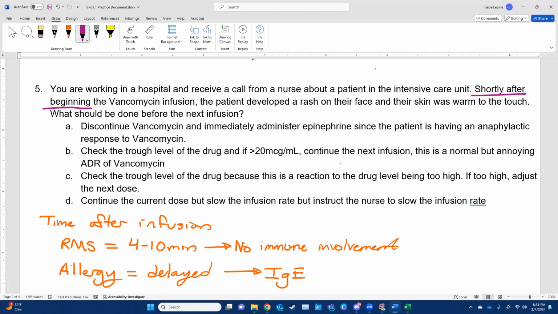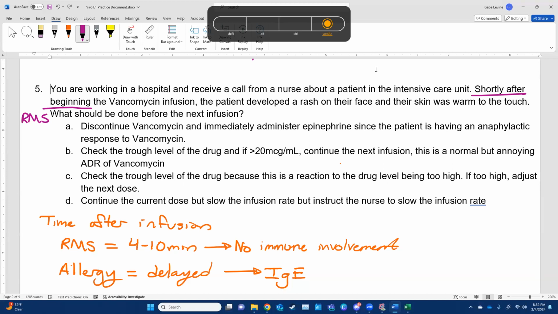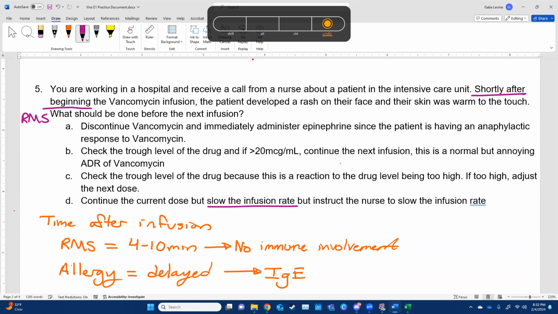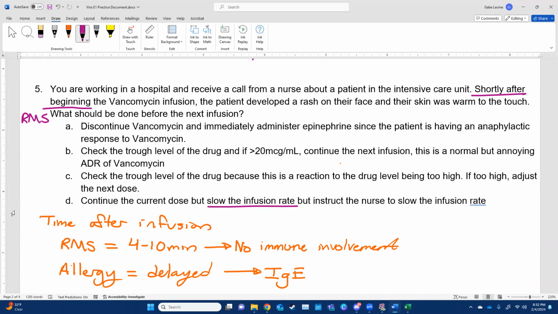So almost immediately after beginning the vancomycin infusion, this starts to pop up. This clues us in that we're dealing with red man syndrome rather than a pure allergy, despite it saying, oh, we have a rash. So the thing that we do with the red man syndrome is we slow the infusion rate. So the answer is D.